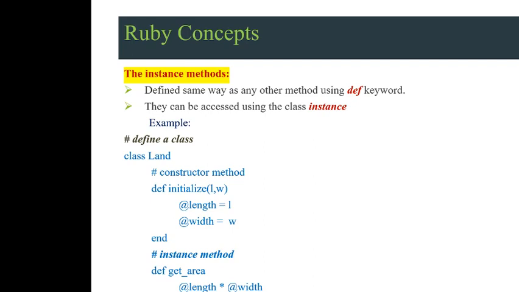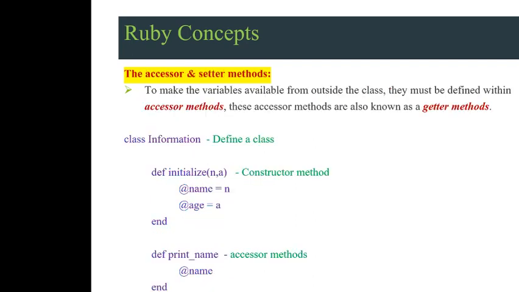In the second line, for the actual area, I'm calling this method. Now I have this object, lend_info, and I can call methods like dot get_area. It will use the length and width, return the calculation result, and store it into this variable.